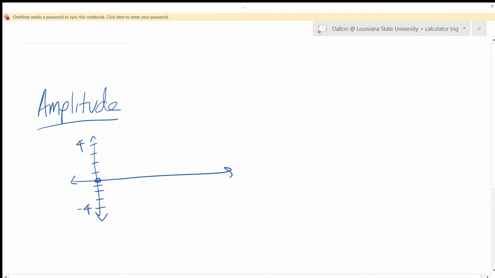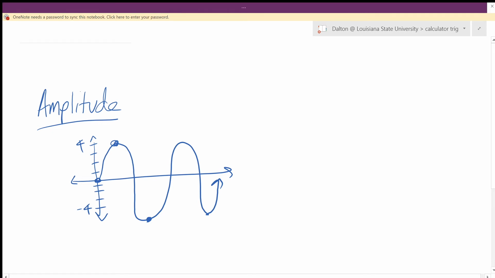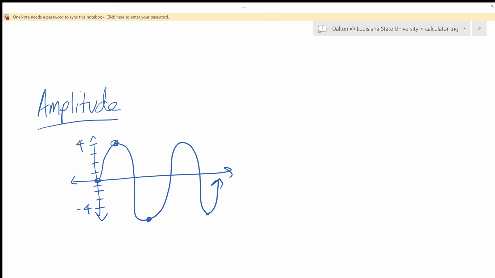If I have a sine function that is stretched this way, the maximum value is 4, and the minimum value is -4. The amplitude is the distance between the max value and what we're calling here the x-axis. This is called the midline.